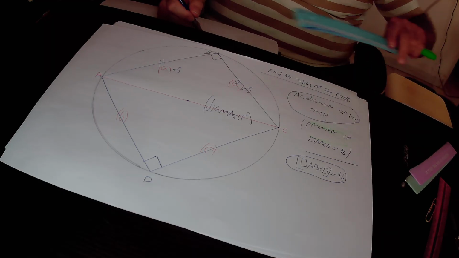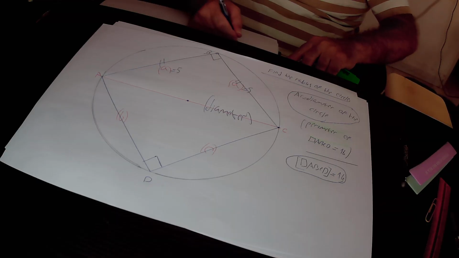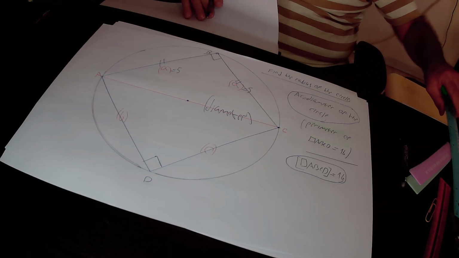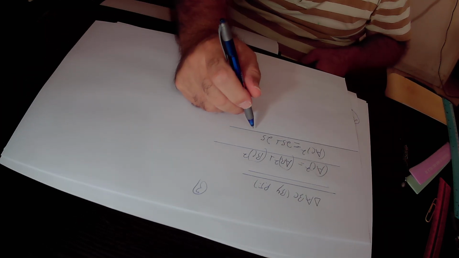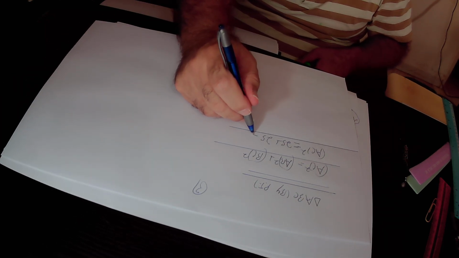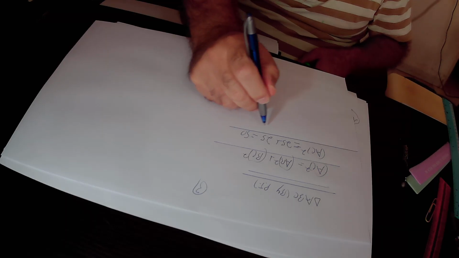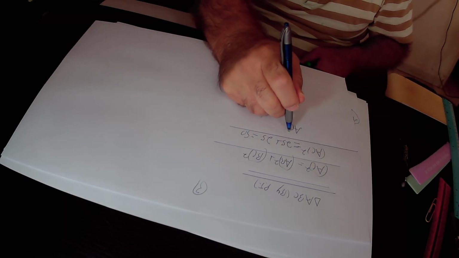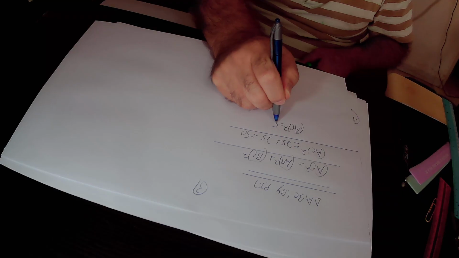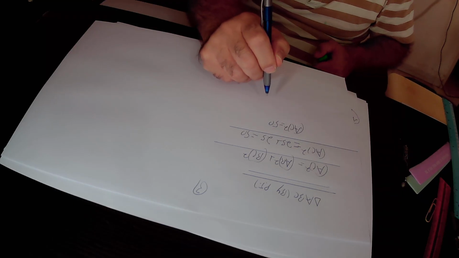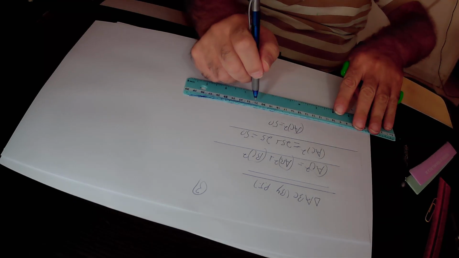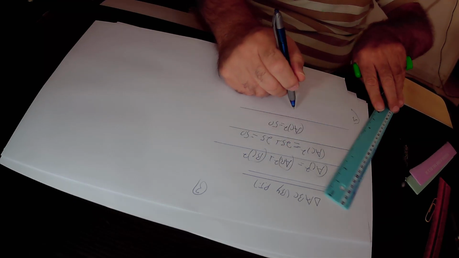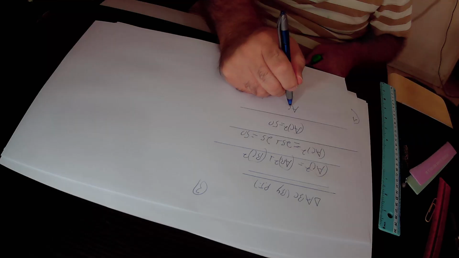So in total, AC squared equals 25 plus 25, that is 50. So AC squared equals 50. Here we substitute 50 by 25 times 2, so AC squared equals 25 times 2.